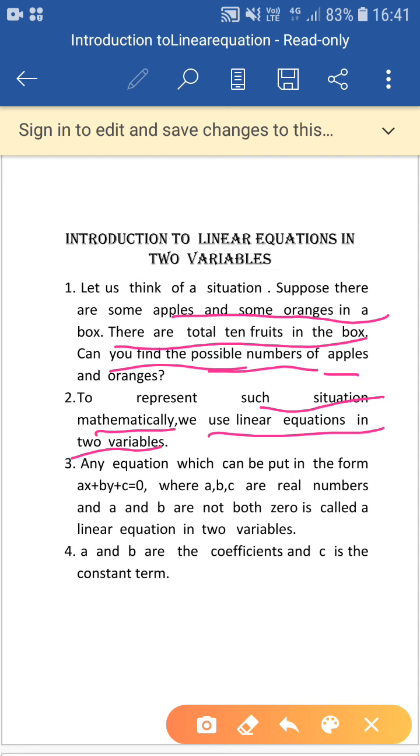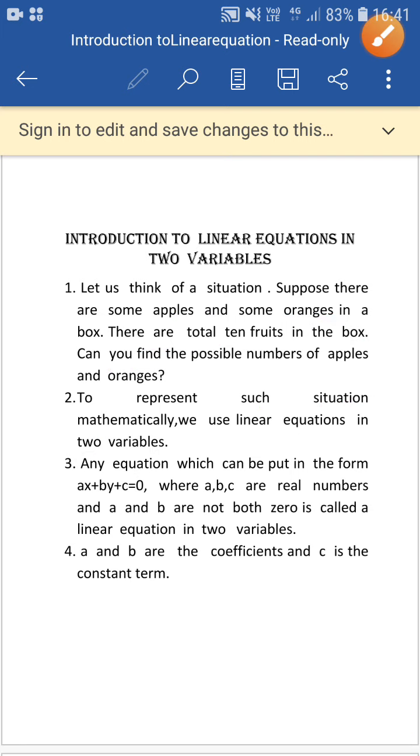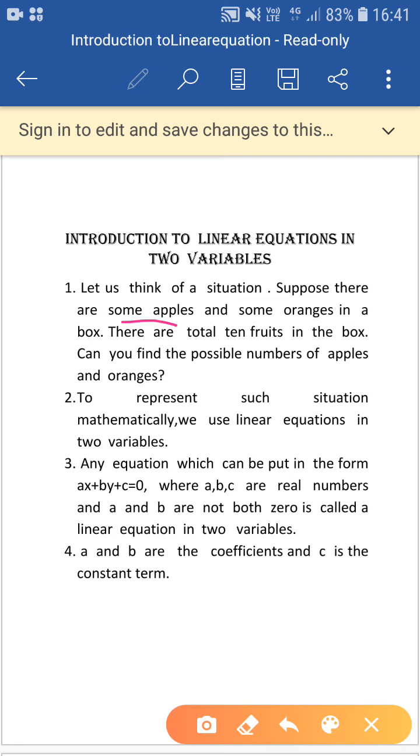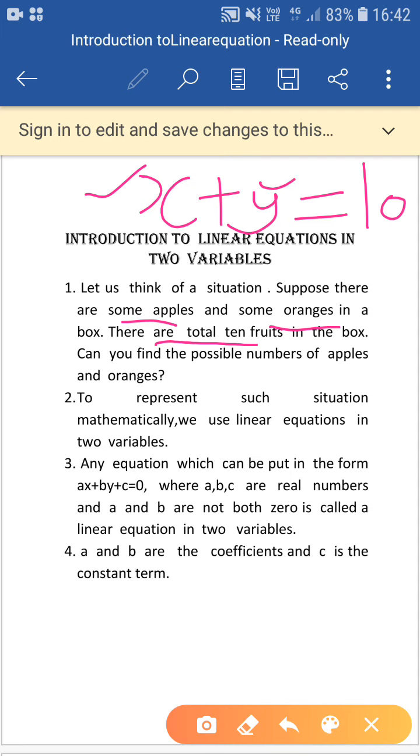Like here we can denote our apples by x and oranges by y. So we can write the equation as x plus y equals 10. So this is one of the simplest linear equations in two variables. There are two unknowns x and y, and it amounts to 10.